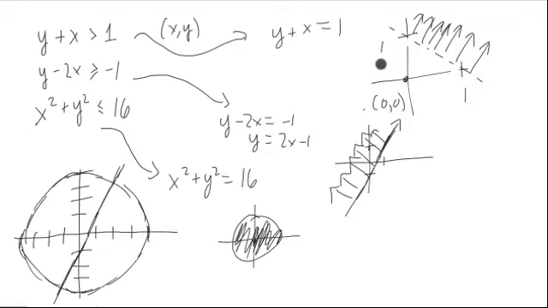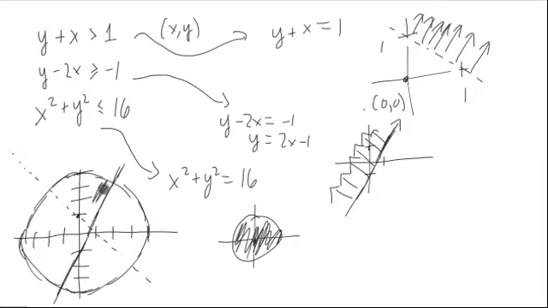Okay, next, let's do this one. This one is dotted. Okay, we're going to start thinking about the shading now. So this guy we shade up here. This guy we shade up here. And the circle we shade on the inside.